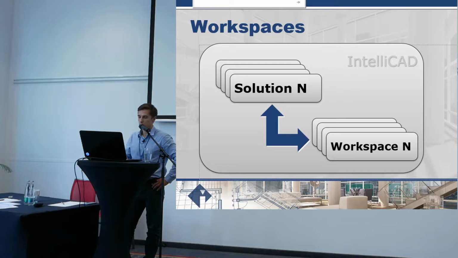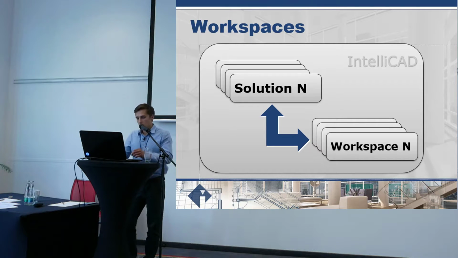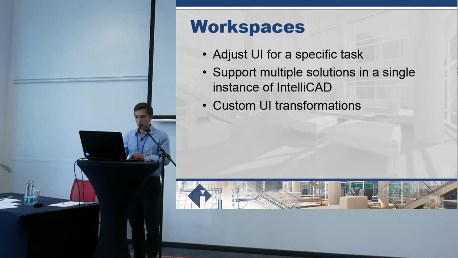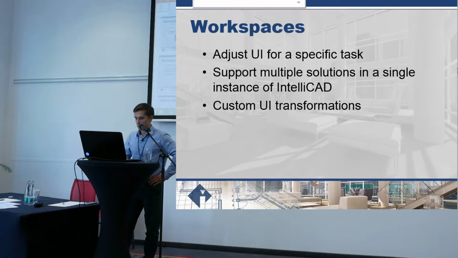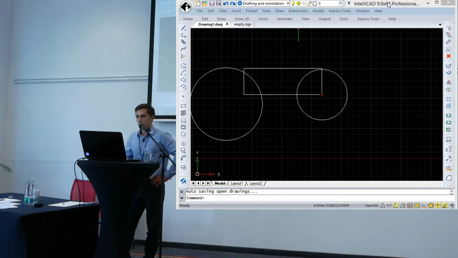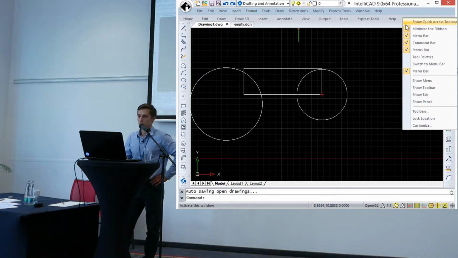Keynotes about workspaces. Then I need to switch to IntelliCAD to show a quick demo about workspaces. By default, IntelliCAD has several workspaces. Drafting and annotation is the default one.